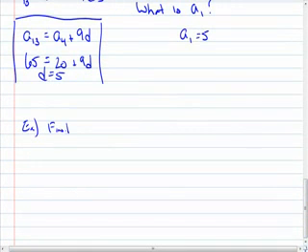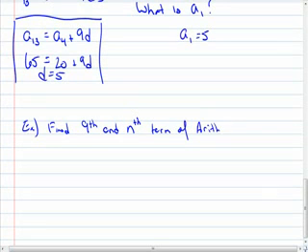Okay. Let's find the 9th and the nth term of an arithmetic sequence that begins with 2 and 9.